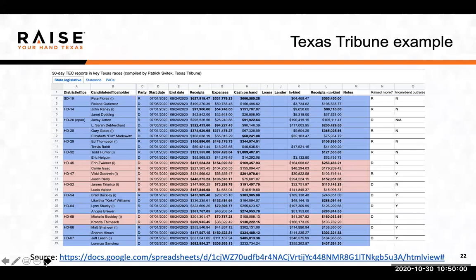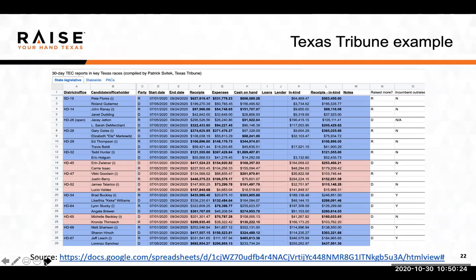The Texas Tribune, that nonprofit online news organization in Austin that tracks all the Austin politics and such. This is a snapshot of the spreadsheet that this reporter put together.